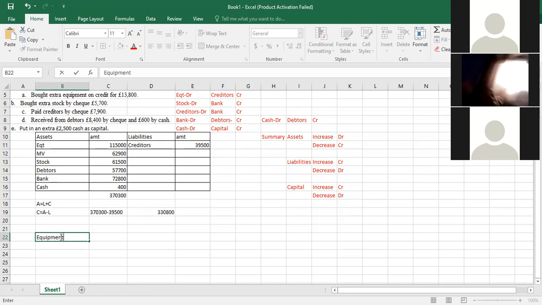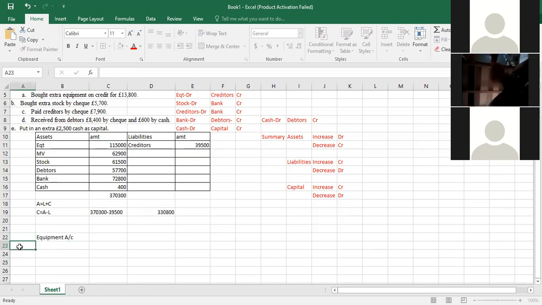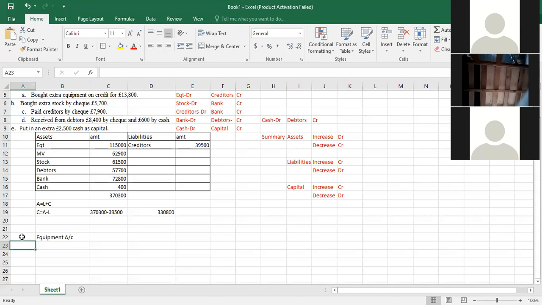Equipment. And in the equipment account, this is our debit side. Let me just put here DR. We have the dates. We have the details.